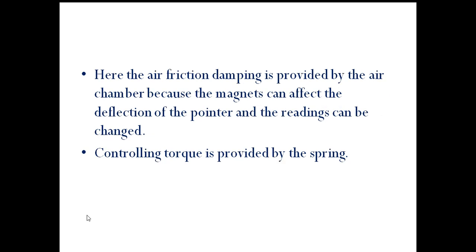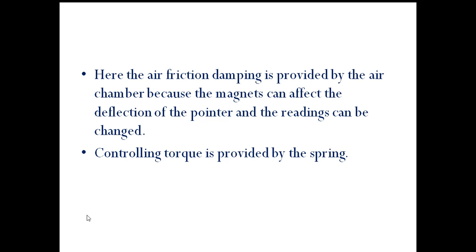Here the air friction damping is provided by the air chamber because the magnets can affect the deflection of the pointer and the readings can be changed. The controlling torque is provided by the spring.